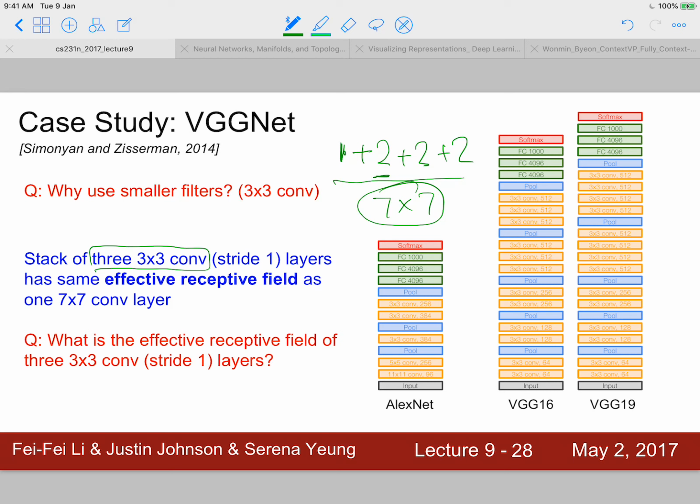Instead of stacking 3 convolution layers, let's use a single convolution layer that has the same receptive field. So in that case, we will use a 7 by 7 window or filter in our convolution layer to match the receptive field size. Okay, so that's the initial assumption.